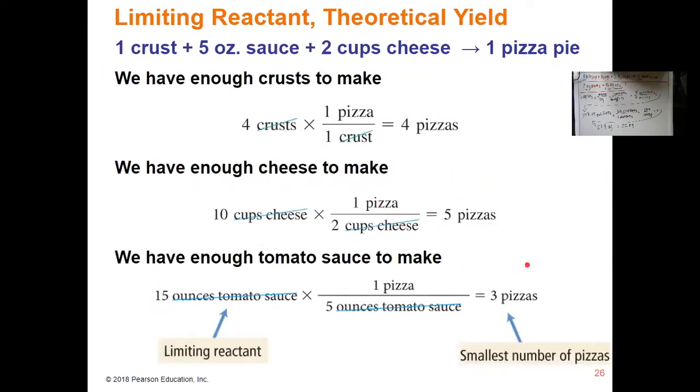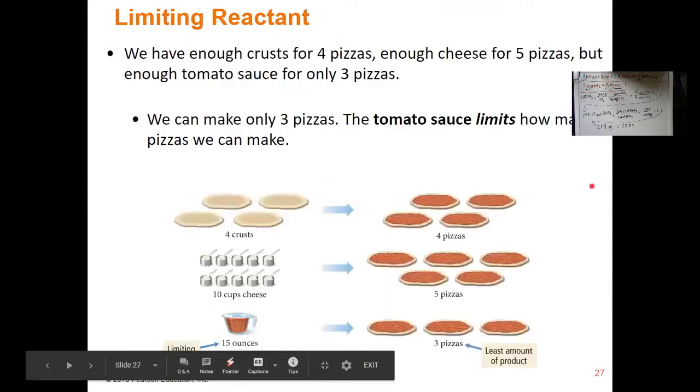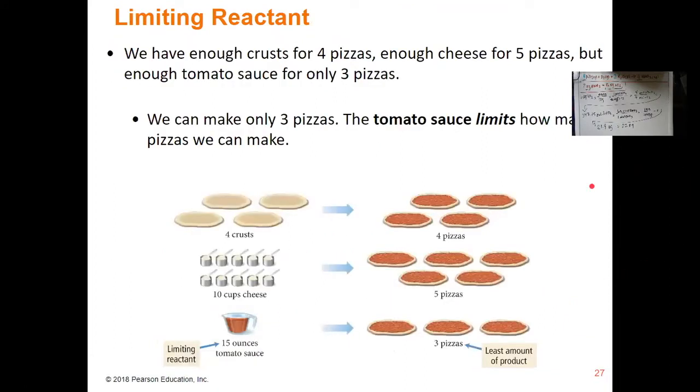Whichever of your reactants gives you the smallest product value, that is your limiting reactant. Whatever the smallest product value is, that's your theoretical yield. Here's a visual of what we're saying.